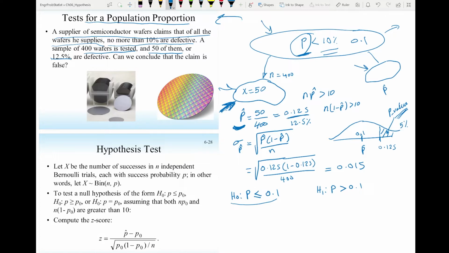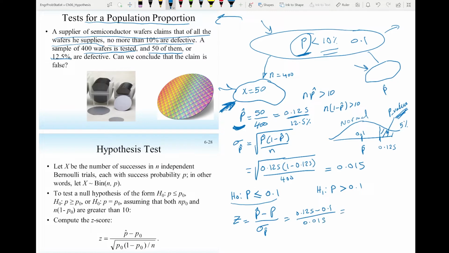And to calculate this p-value, first we're going to transform this normal distribution to the standard normal distribution using the z-score. And the z-score will be p hat minus p over the standard deviation of p hat. And this will be 0.125 minus 0.1 divided by 0.015.